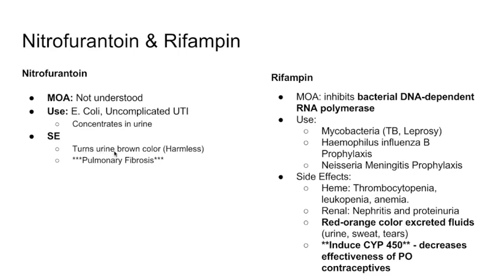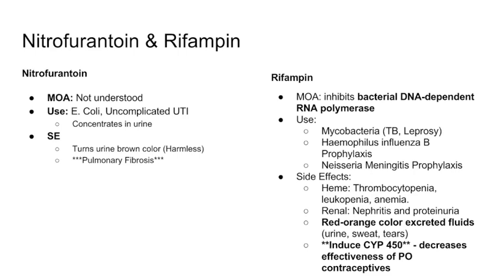It turns the urine brown, because the medication itself is brown, and that's harmless. But the more harmful side effect is pulmonary fibrosis. So nitrofurantoin causes pulmonary fibrosis, and that's a high yield point that examiners like to go after.